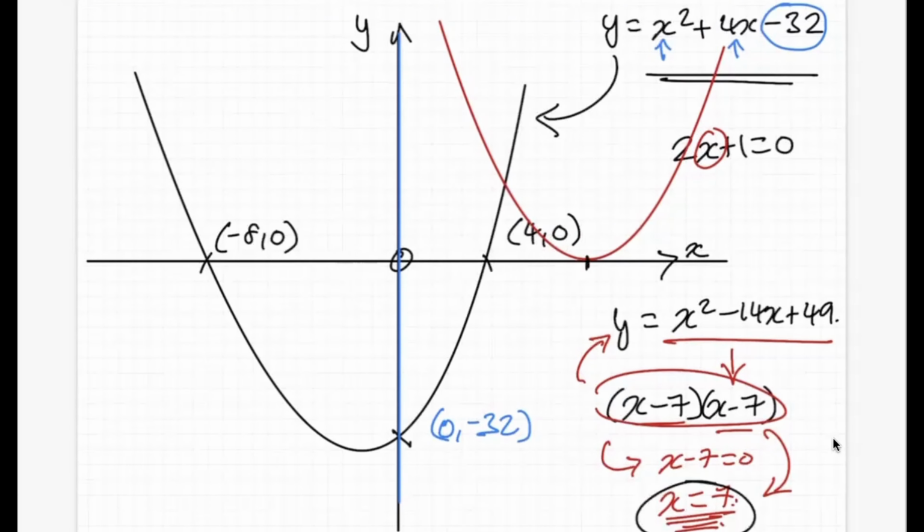That is a situation where you only have one solution. So let's say this is 7, 0. And the y-intercept here is plus 49. I don't have space for it, but you can picture this graph continuing and the y-axis continuing, and they probably intersect at 0, 49 further up the graph. That's gone off my page here.